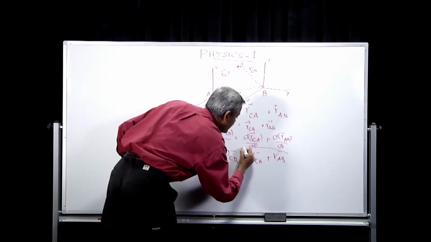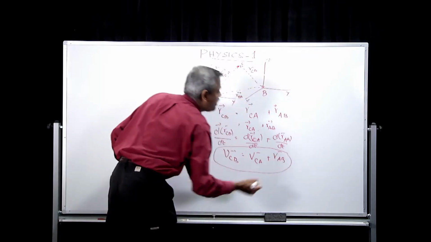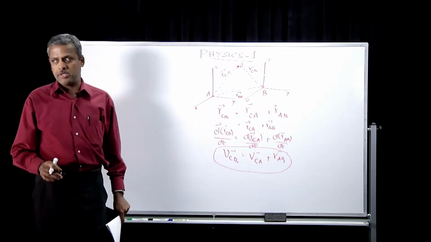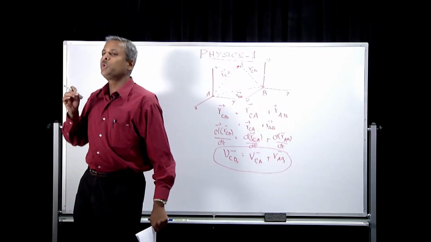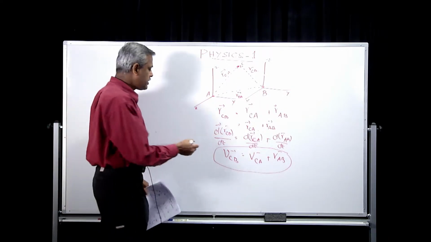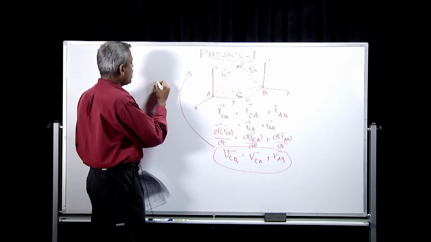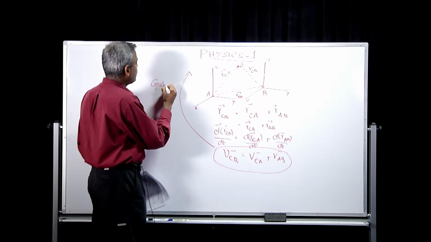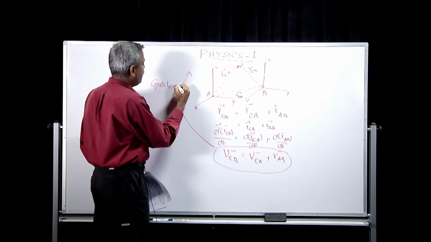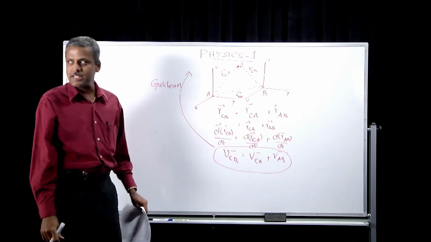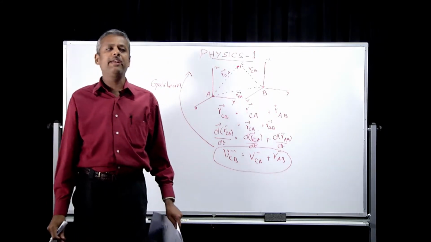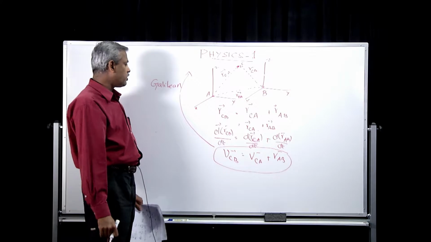So, this is an equation called relative velocities. Relative velocities in two different frames of reference. Therefore, this equation is called Galilean transformation. Galileo is a very famous astronomer, astrophysicist. He did a lot of astrophysics and stellar objects.